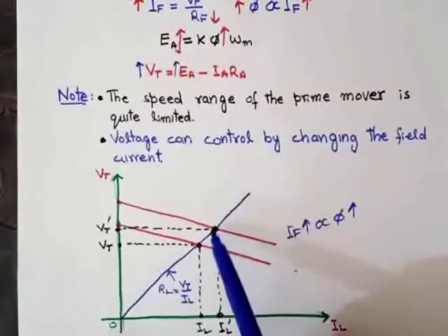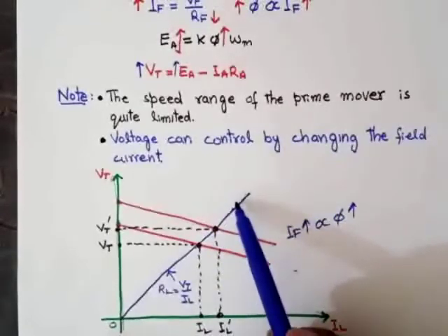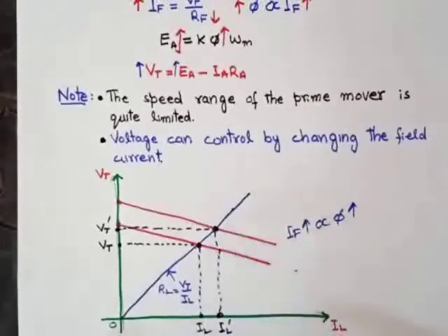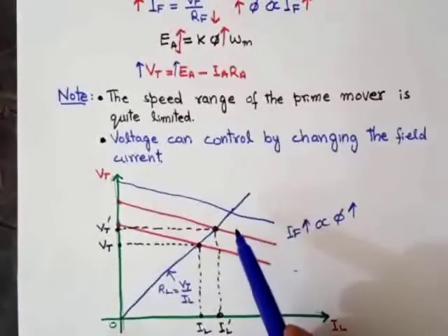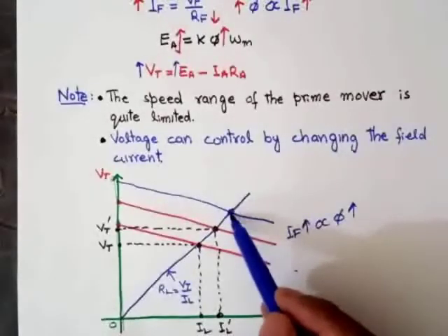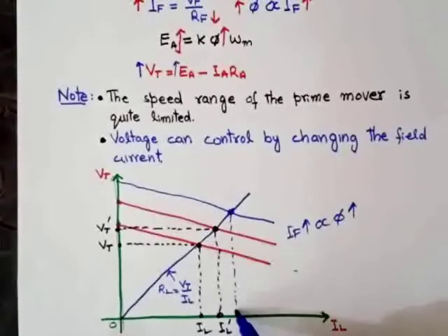When we increase the voltage further, the operating point will shift as well, as you can see in this resistive curve. If this is the terminal voltage, we increase the terminal voltage by increasing the field current. Now this will be the operating point, IL double dash.